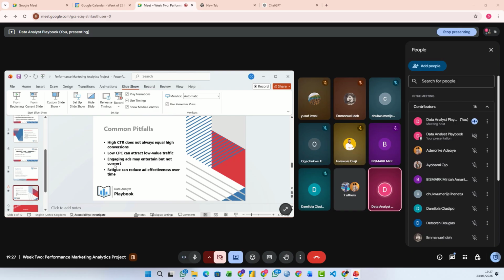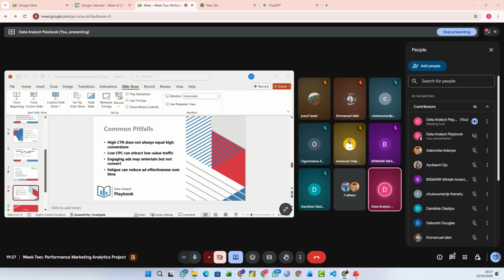So a high click-through rate does not also mean that this ad has high conversion. Yes, it is important that we look through these common pitfalls because they are very important for each one of us.